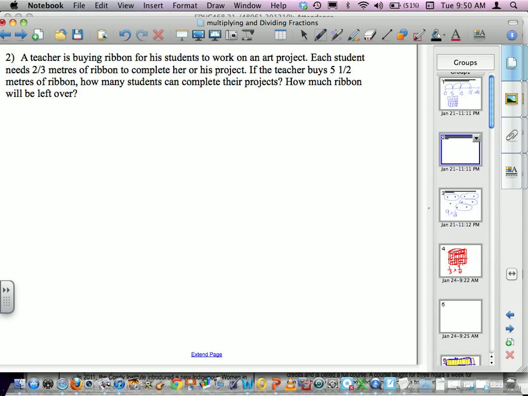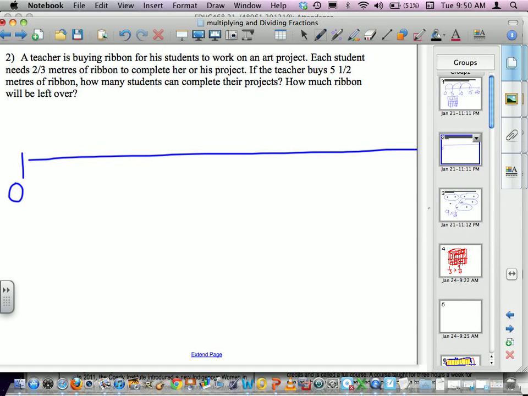We have a big long strip of ribbon. In fact, it's 5.5 meters long, so I'm going to draw it. There it is. That's my piece of ribbon. It's 5.5 meters long. I might change that into a number line.